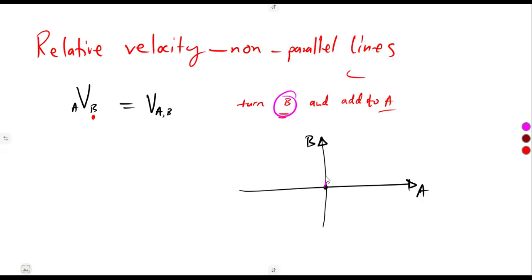B is originally going to the north. So when we turn B, it will be going down, meaning our B is now going to the south. Originally, if we say we have turned it, it is just opposing. It is now going the other way.